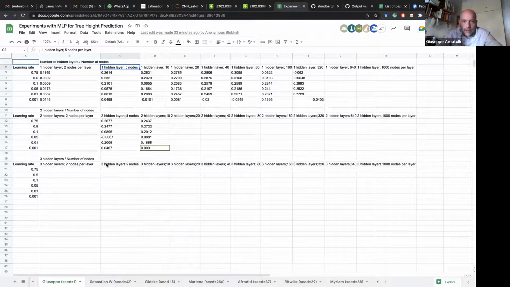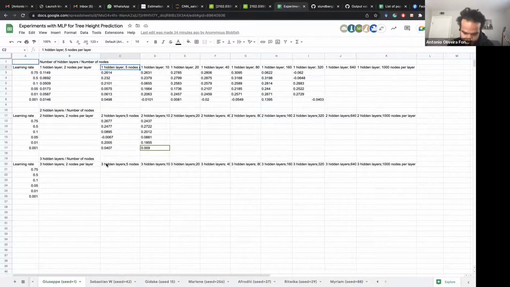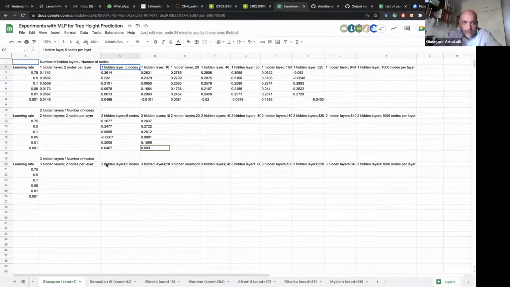Apart from the learning rate, sorry, the processing time, that's why I stopped it, because the number of hidden layers increased and of course the processing time was increasing. But at least in the first one, I was getting that the R was jumping quite a lot.